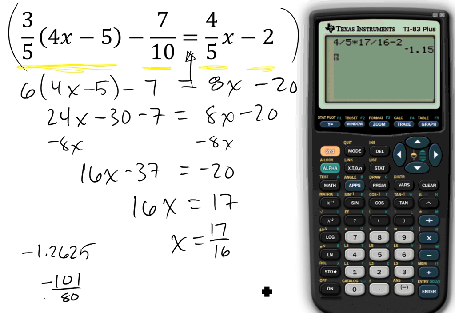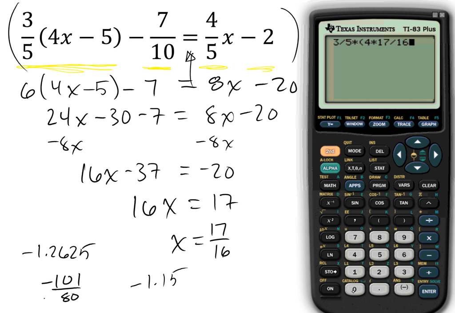I could double check my left-hand side entry again, but I think I did that correctly. Let me check the left-hand side entry again before we try to find our mistake. So let's see, 3/5. Actually, I might have entered 3/4, I forget. 3/5 times the quantity of, open parentheses, 4 times 17 divided by 16.